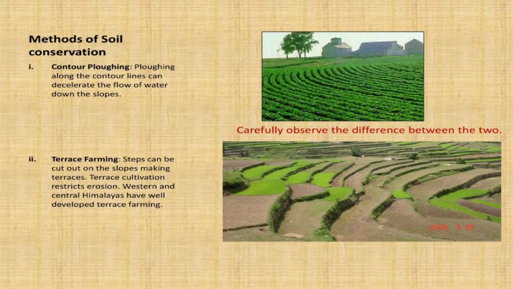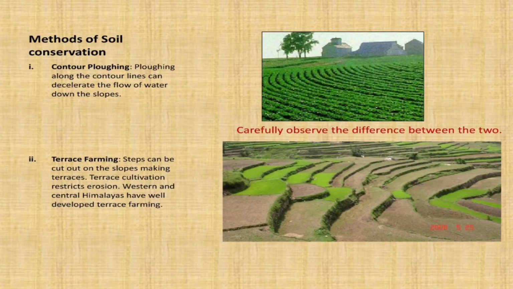Methods of soil conservation. Number one is contour plowing, and number two is terrace farming. While discussing this, since man-induced soil erosion has resulted in the loss of fertile soils and thus degradation of agricultural lands, rill and gully erosion, augmented by extensive use of natural resources, has rendered millions of hectares of land into wastelands.